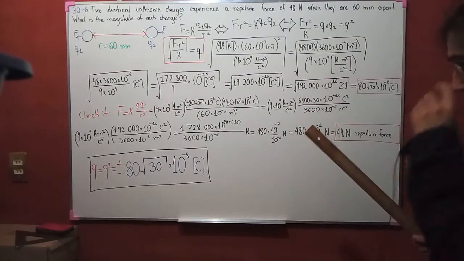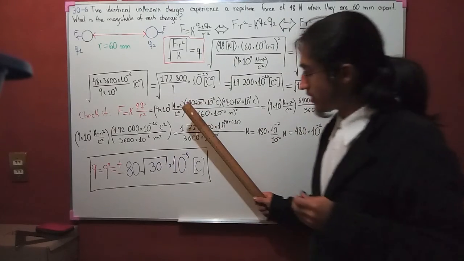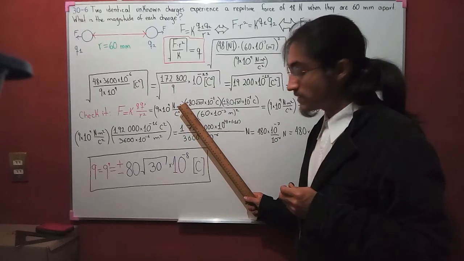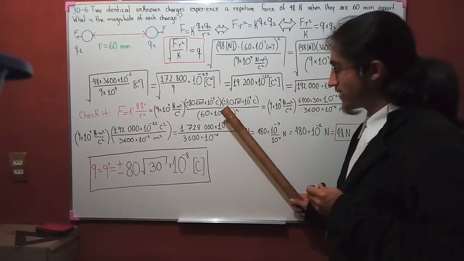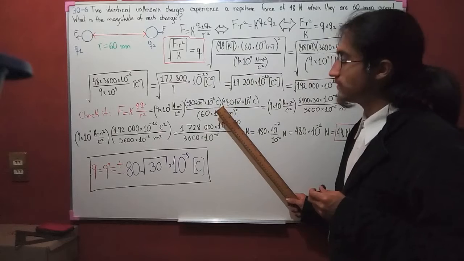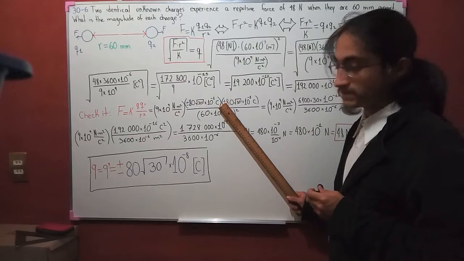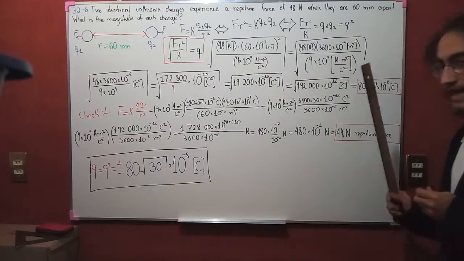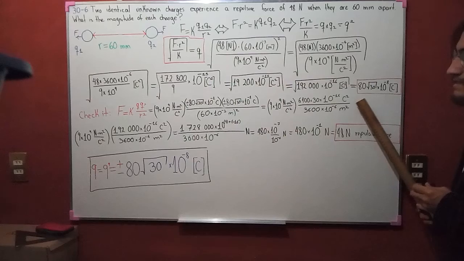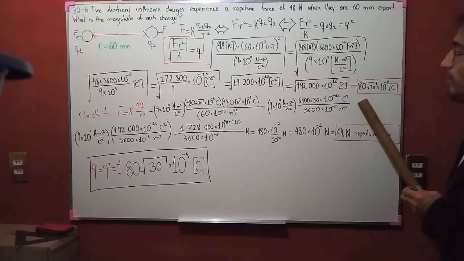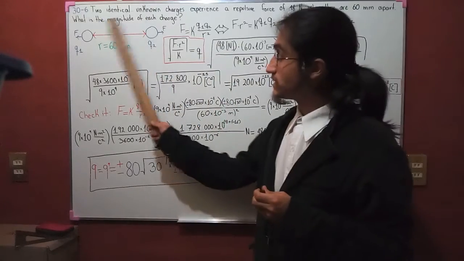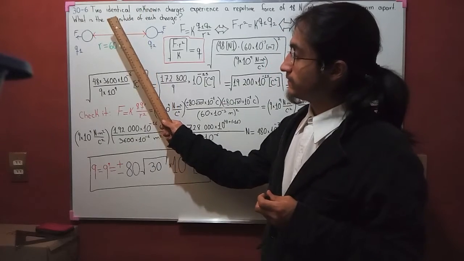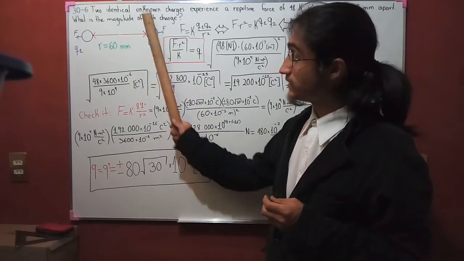But here appears the symbol plus minus, and here it appears again, for the reason that this is the magnitude of the electrical charge, but the hypothesis says that the two charges are identical.